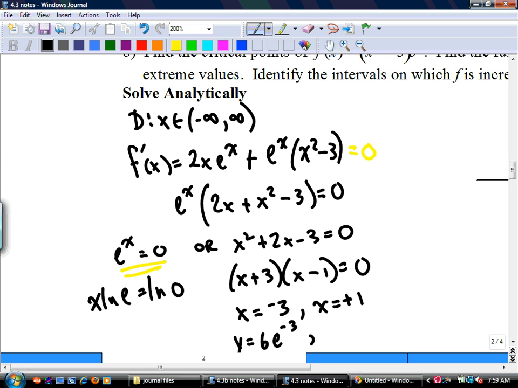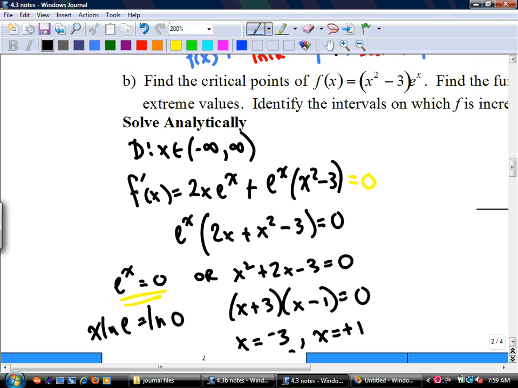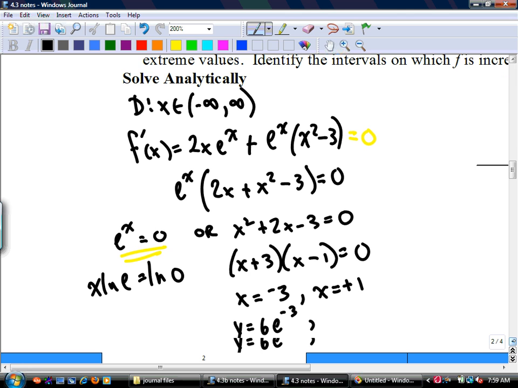And then put in +1, and you would get 1 squared is 1, minus 3 is -2. So it would be -2 e to the 1. Isn't that exciting? You want to reach for your calculator and type it in as a decimal, don't you? I could see it in your eyes. Just say no.